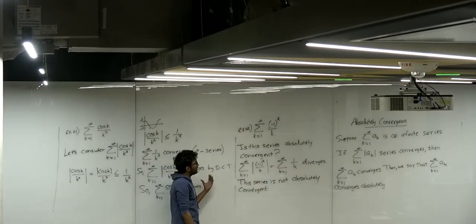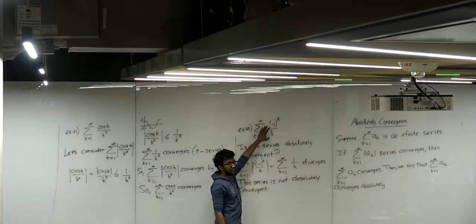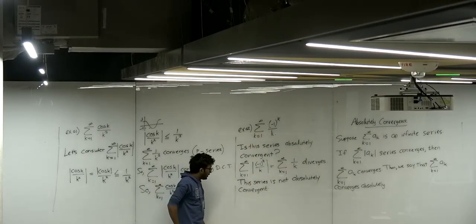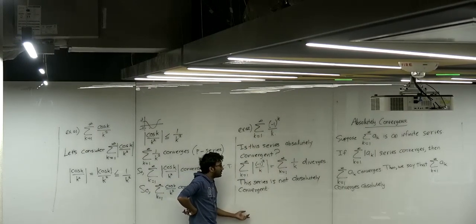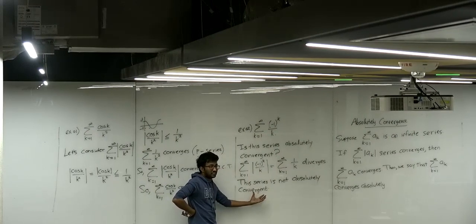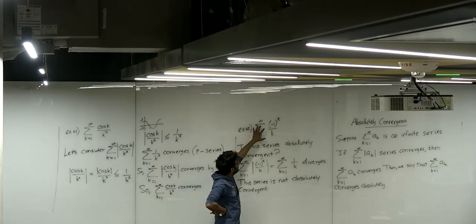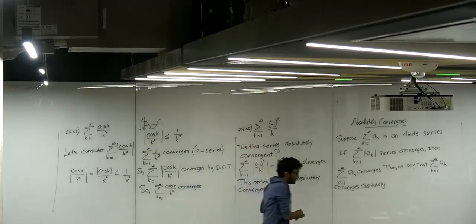But previously we discussed that this series converges, right? So now this gives you good information about another important fact: there are some series that are not absolutely convergent, but they converge. We saw that this converges, right? So I will state that.